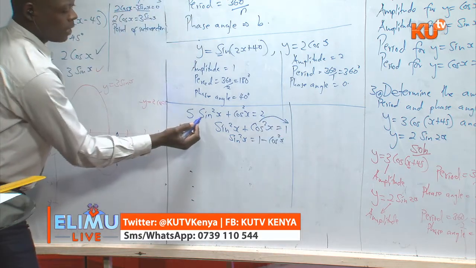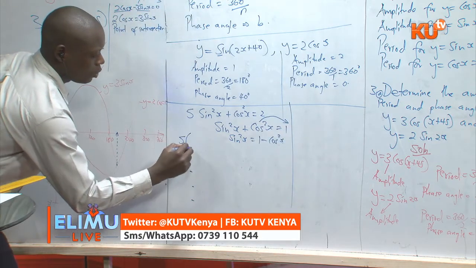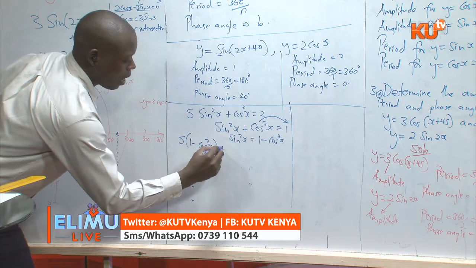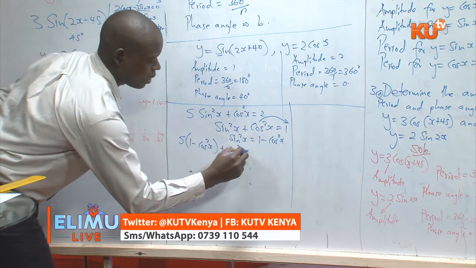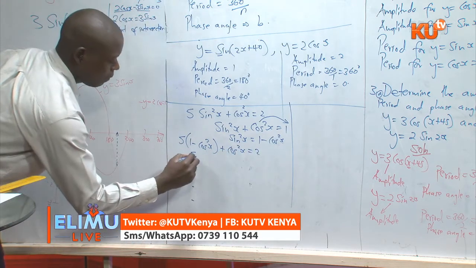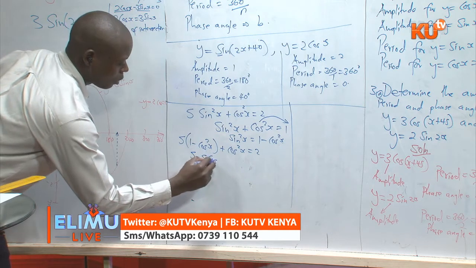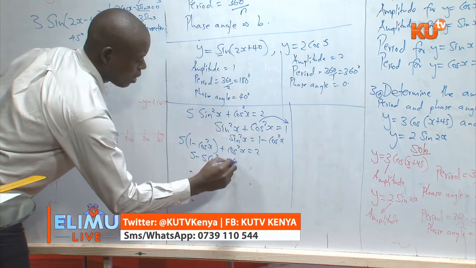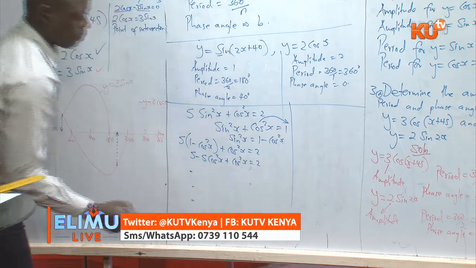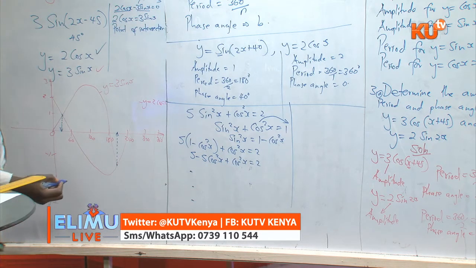And so I will replace it here and have 5 into 1 less cos squared x add cos squared x equal to 2. By expansion, this is 5 less 5 cos squared x add cos squared x is equals to 2. Then collect the like terms.